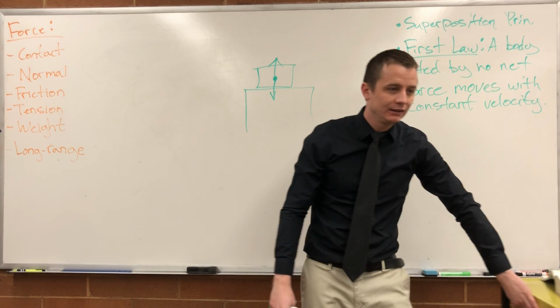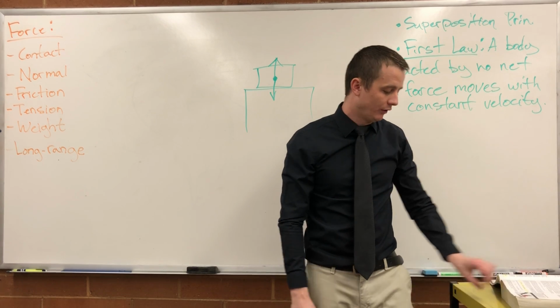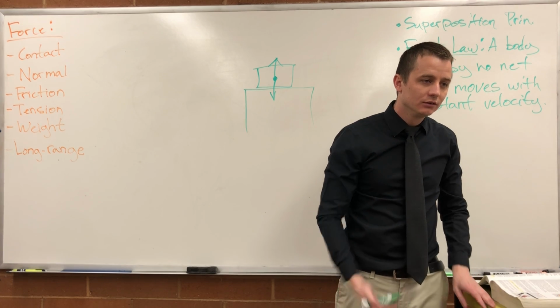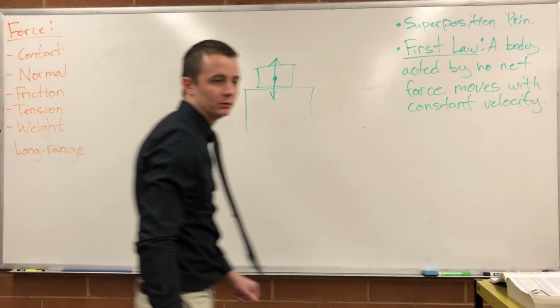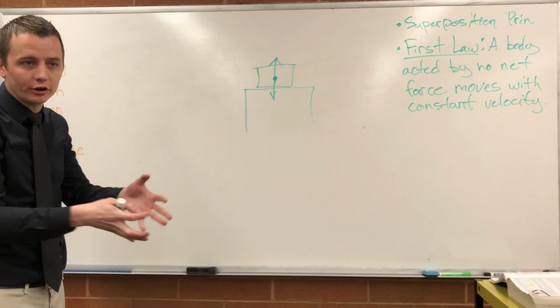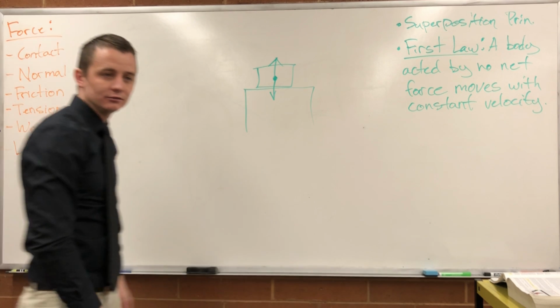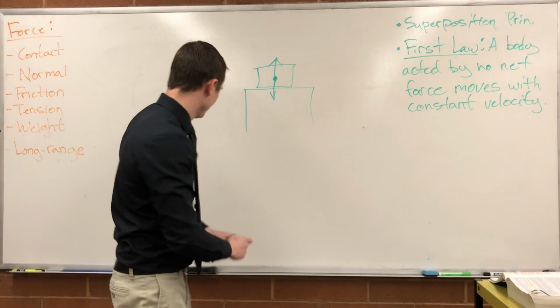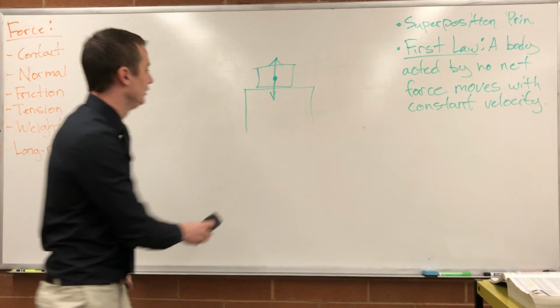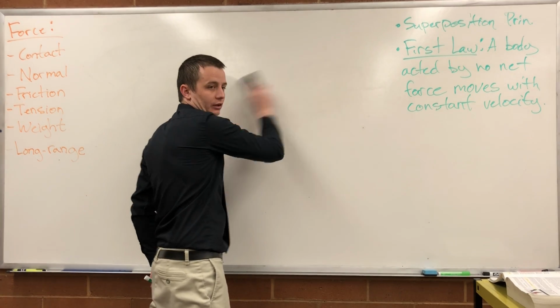The book is just like adding to its weight. If I'm pushing right here, now it makes sense to treat them differently. So it just is a matter of what makes sense for your problem. There's going to be some problems where you treat the whole Earth as a point mass. So that's contextual. But as long as there's no net force acting on an object, it moves with constant velocity.